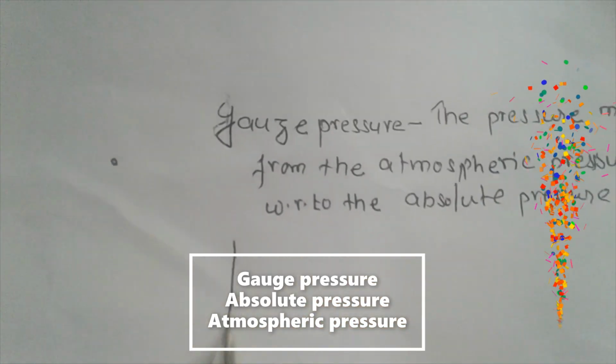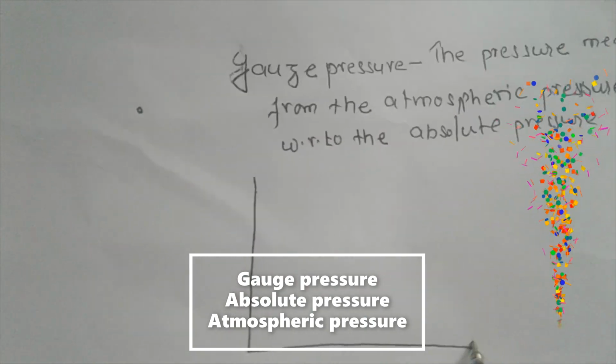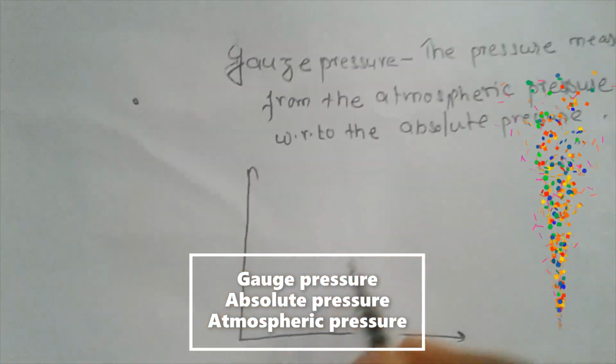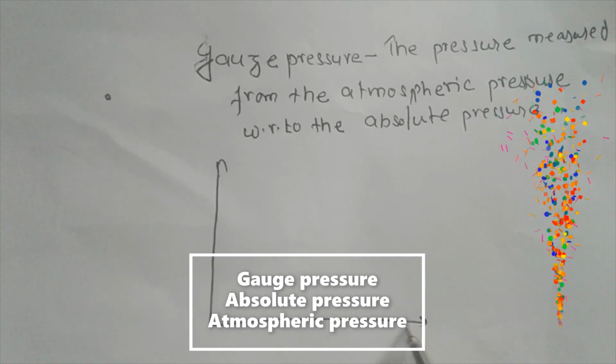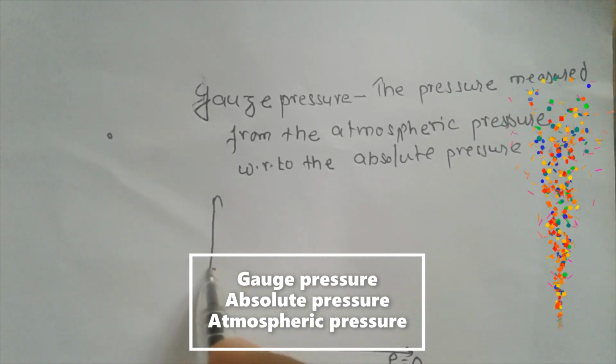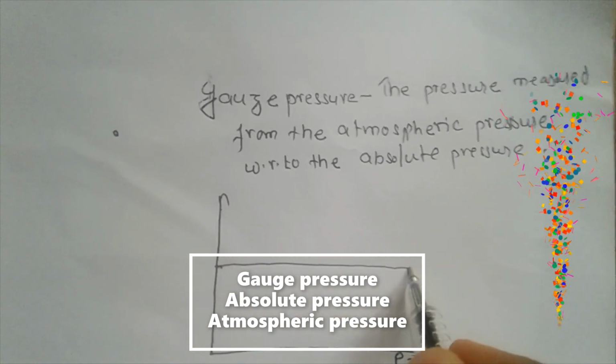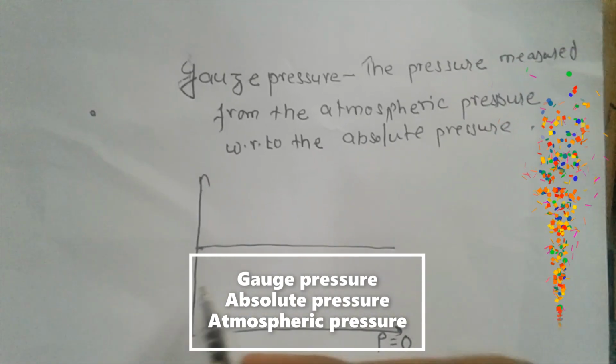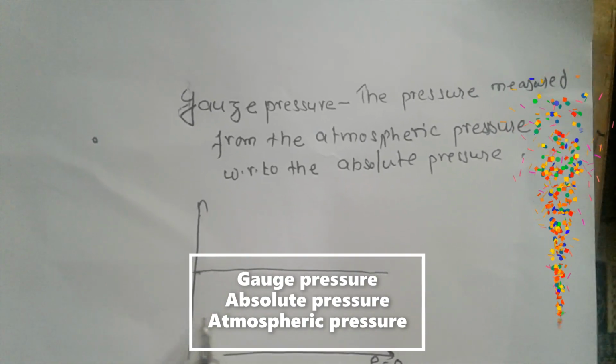We will learn from the figure what is gauge pressure, what is absolute pressure, and what is atmospheric pressure. Atmospheric pressure is the pressure exerted by the atmosphere. So what is gauge pressure?